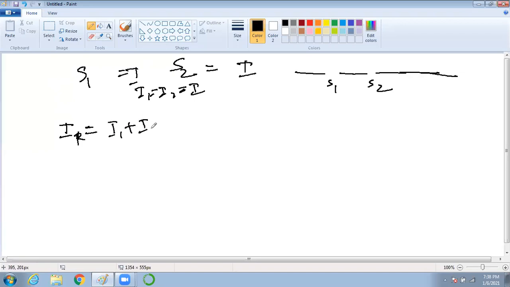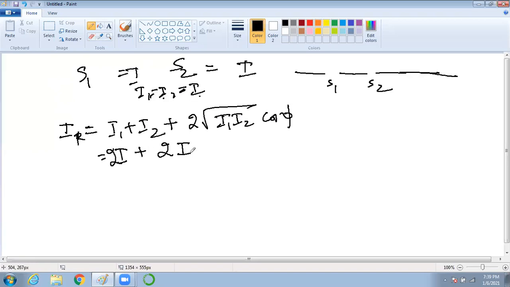I_R equals I1 plus I2 plus 2 root(I1 I2) cos phi. Who will forget cos phi? So if I1 equals I2 equals I, it becomes 2I plus 2I cos phi. If I take 2I common, this becomes 1 plus cos phi.